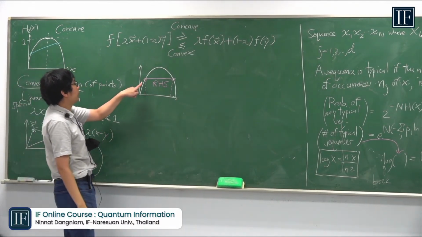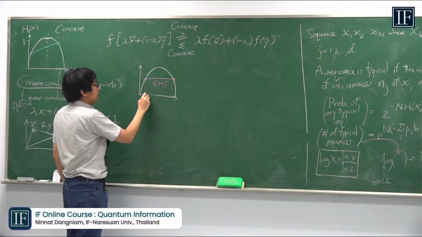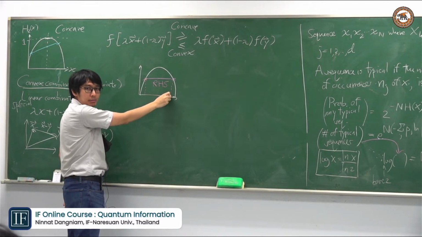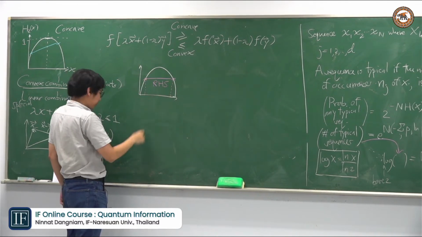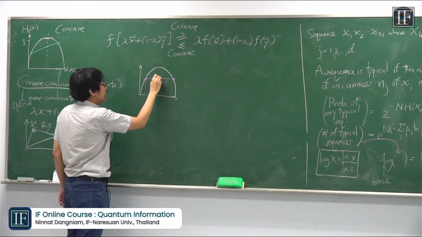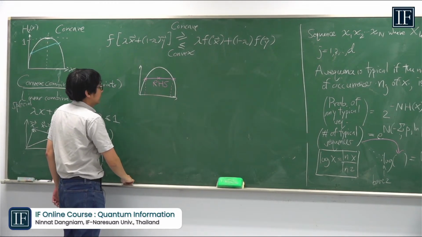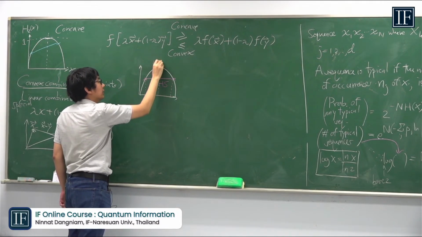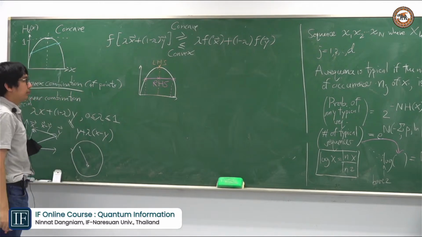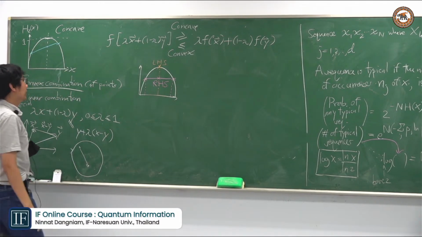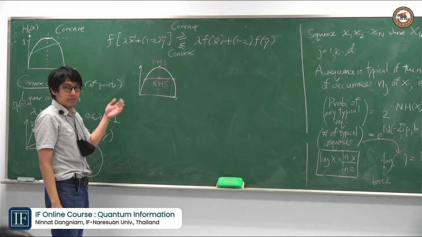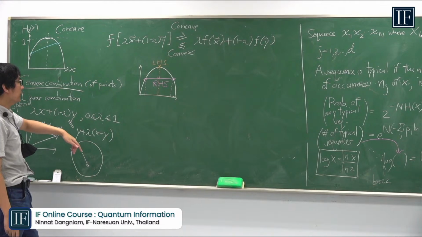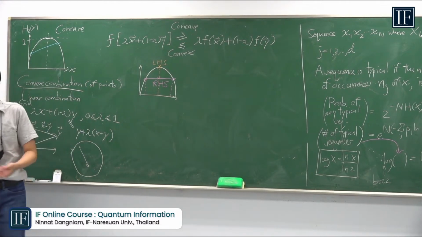For the left-hand side, I take the convex combination first of the input variable of the graph, and then take the value. For example, if I take the value in the middle, the left-hand side would be this point. And so being a concave function means that the graph is well above any line that you can draw to join 2 points on the graph.